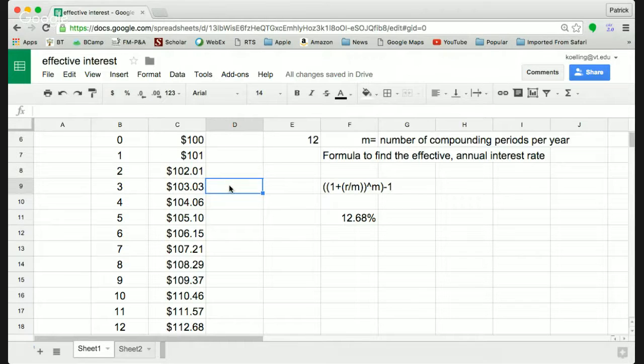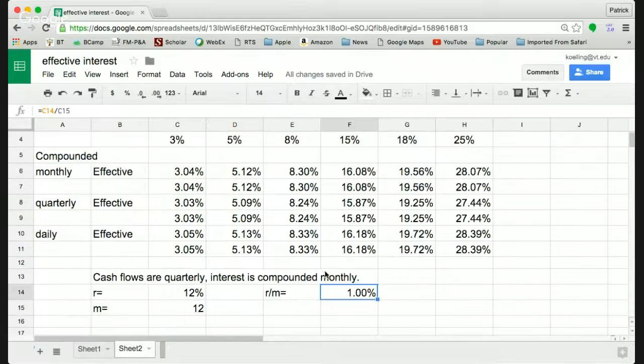So I have 12% interest, compounded monthly, but I need a quarterly interest rate. The quarterly interest rate is going to be 3.03%, not 3%, right? 12% divided by 4 quarterly is 3%, but because it's compounded monthly, it's somewhat larger than that.